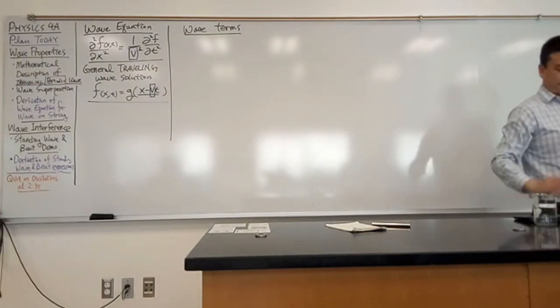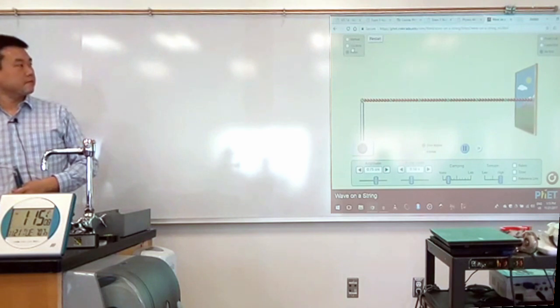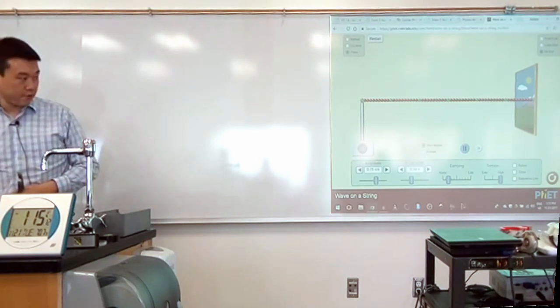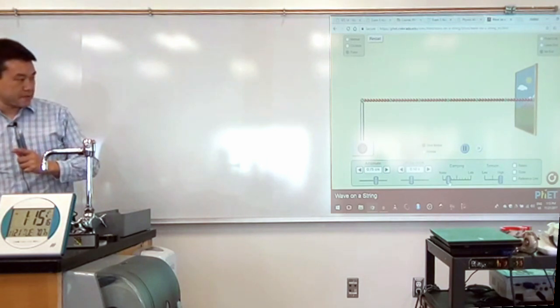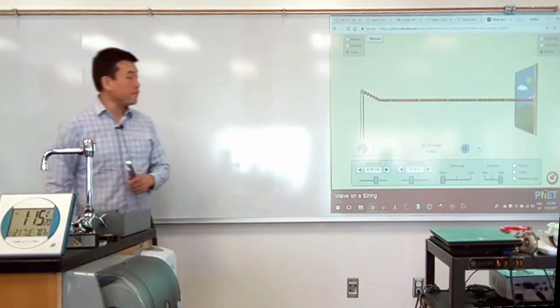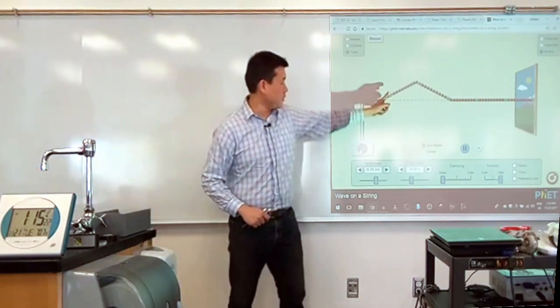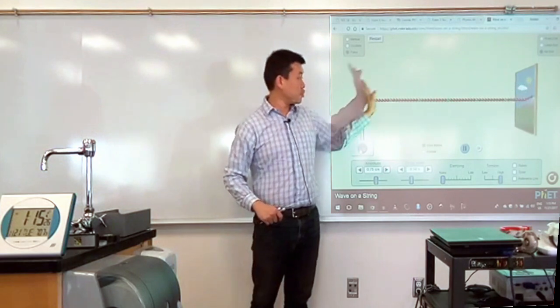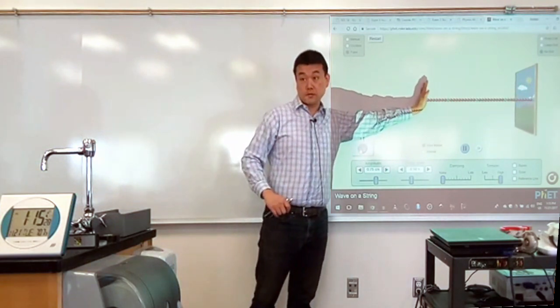Velocity of what? The wave traveling, right? So to be more specific, when we talk about velocity, there's actually two different kinds of velocity. There's the velocity of the bead moving up and down, right? And there's the velocity of that shape that's moving across.